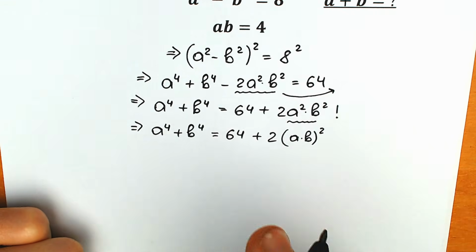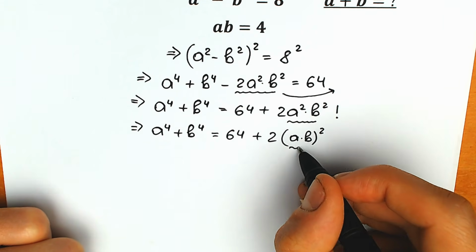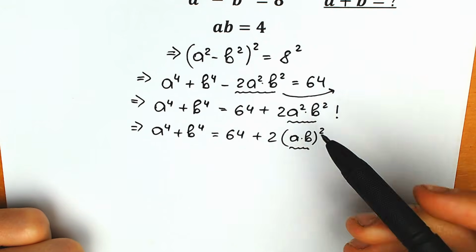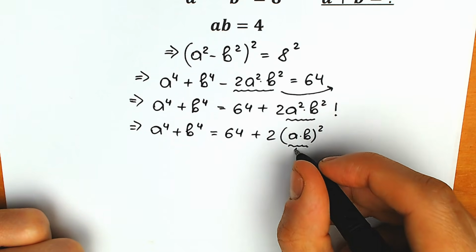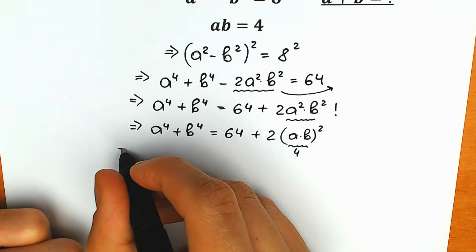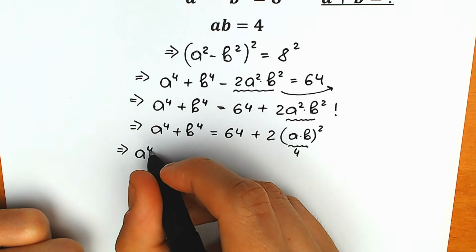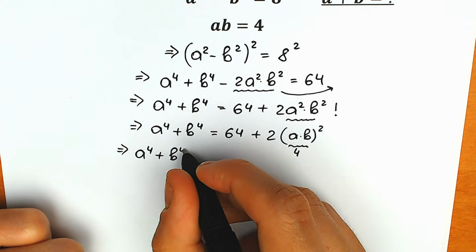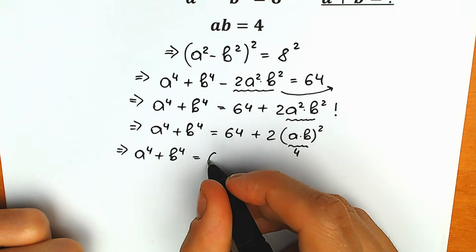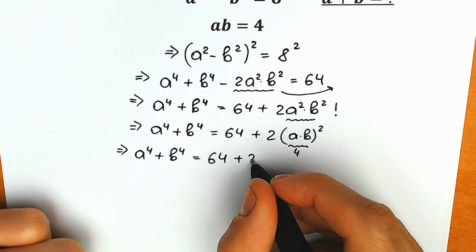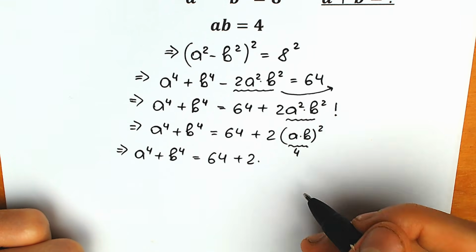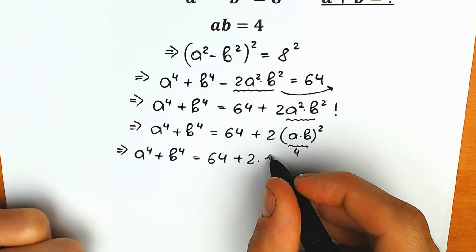Right now, let's look closely. a times b equal to 4. We have it right here. So a times b equal to 4. And yeah, let's simplify it. So we have a to the power 4 plus b to the power 4 equal to 64 plus 2 times 4 square, so times 16.